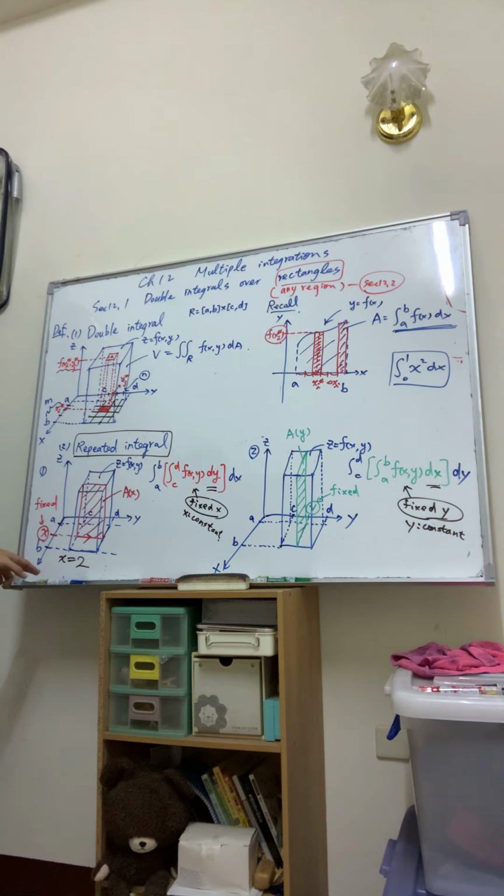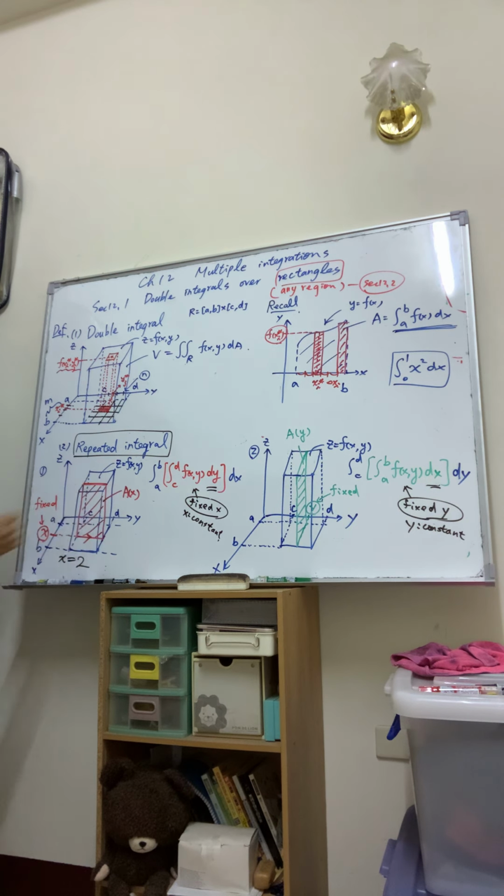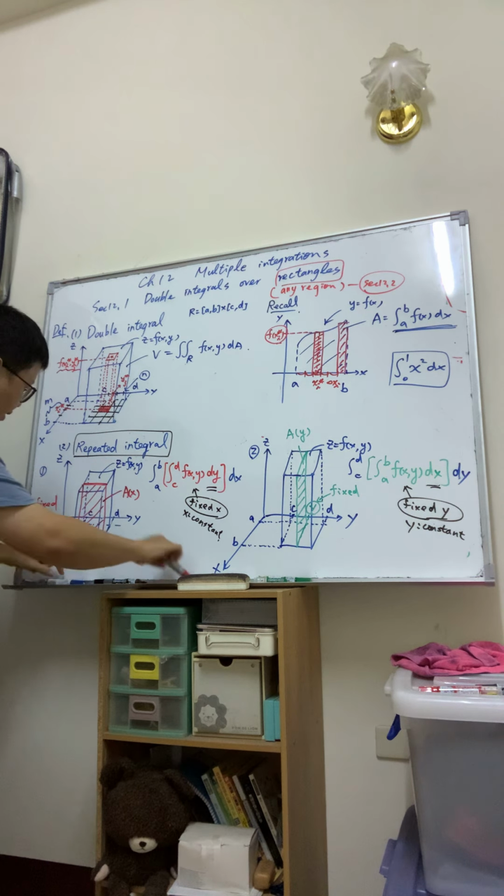Then now we consider this line. We consider the plane x equals 2, and the surface z equals f of x, y. Then we have an intersection here, right?